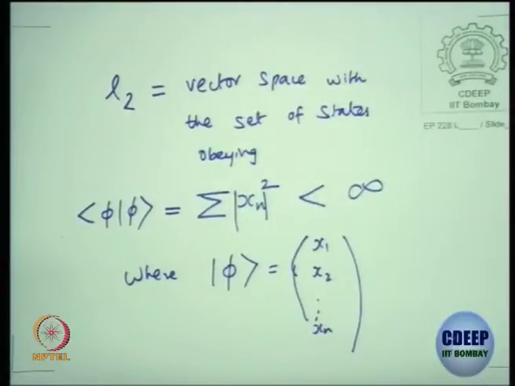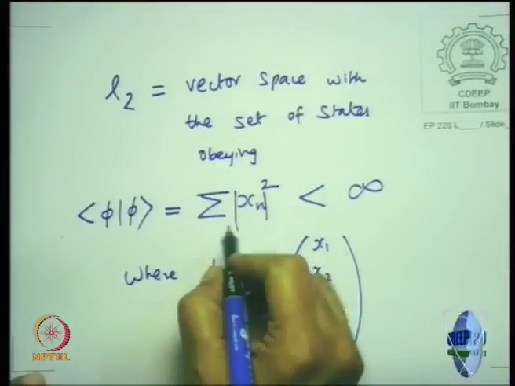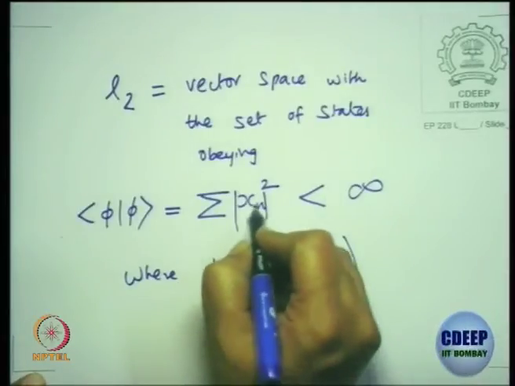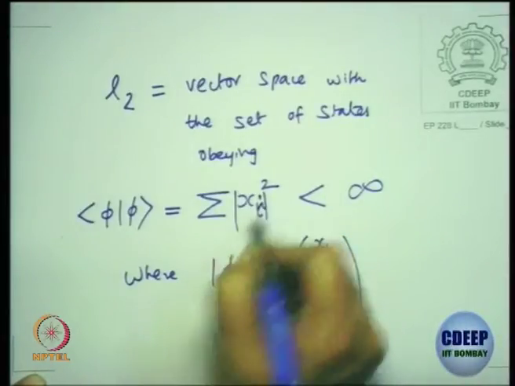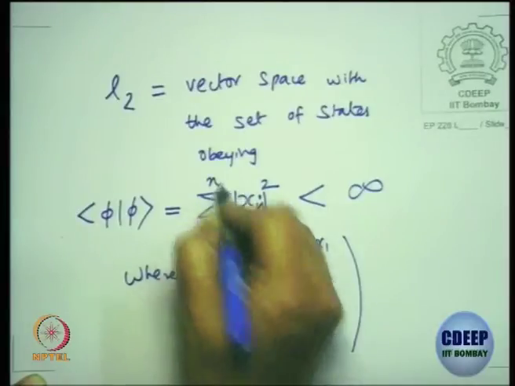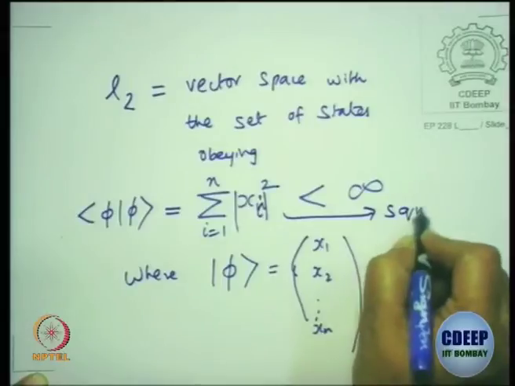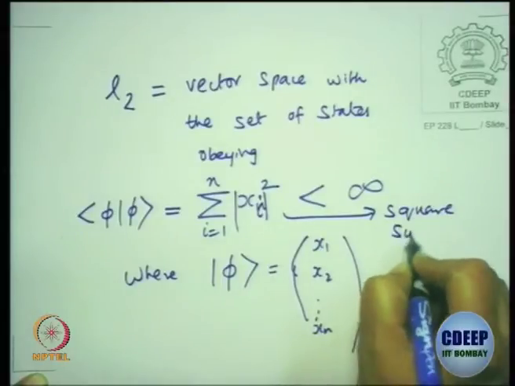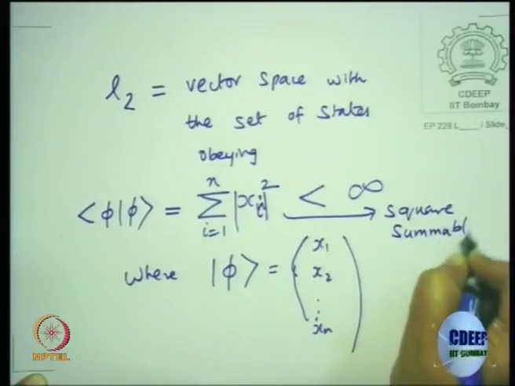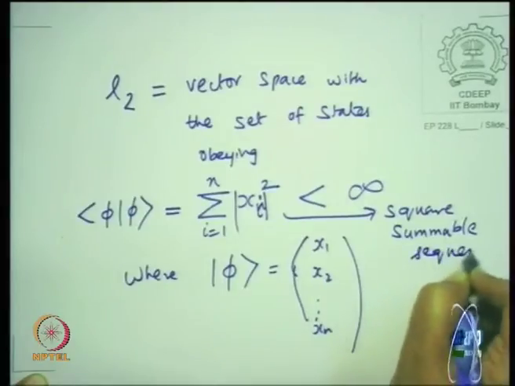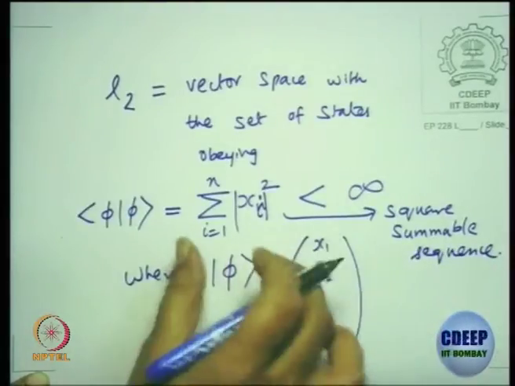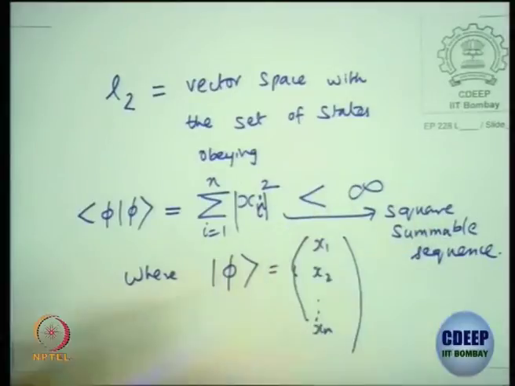So, the square integrable, square summable sequence. So, this condition which I have, maybe I should put an i from 1 to n. So, this condition is what we call a square summable sequence, that it sums up and it is finite.